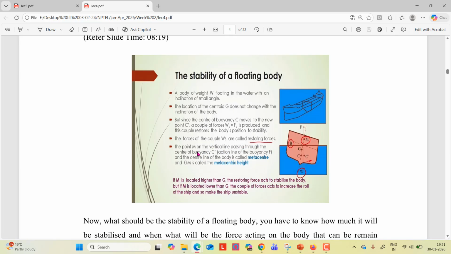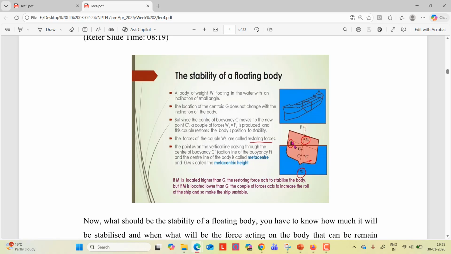The point M on the vertical line passing through the center of buoyancy C dash and the center line of the body is called the metacenter. This M is the metacenter. So G is the centroid, M is the metacenter, C is the center of buoyancy when the block was steady, and C dash is the new center of buoyancy when the block was a little bit tilted.